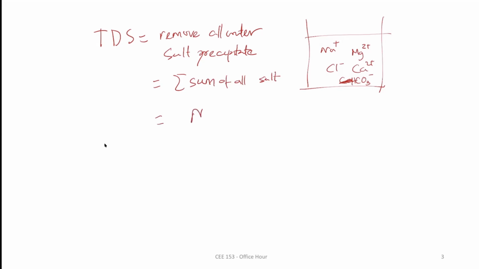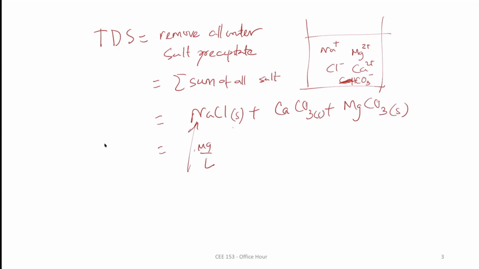Let's say NaCl plus CaCO3, I'm just throwing out numbers, I'm not saying this would be the salt. If you know the amount per solid, then this will be the total solid. So you are just looking for how many milligrams per liter of each, and then you add it up together.